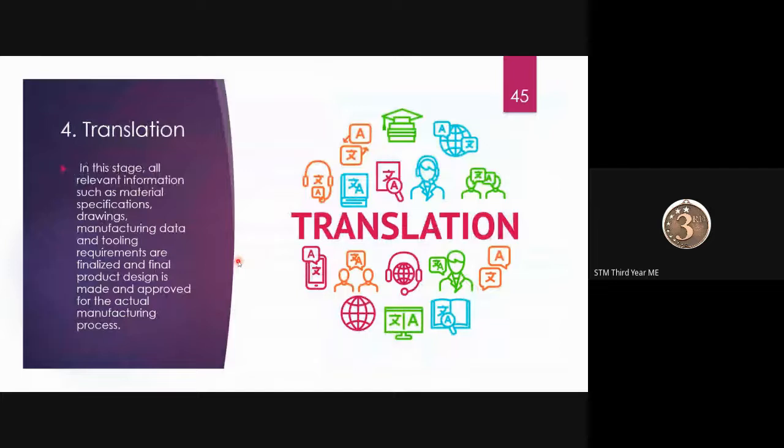Then comes the translation stage, where we collect all the data from idea generation to the testing phase, and on the basis of that data, we approve it for the actual manufacturing process. So that comes under translation.